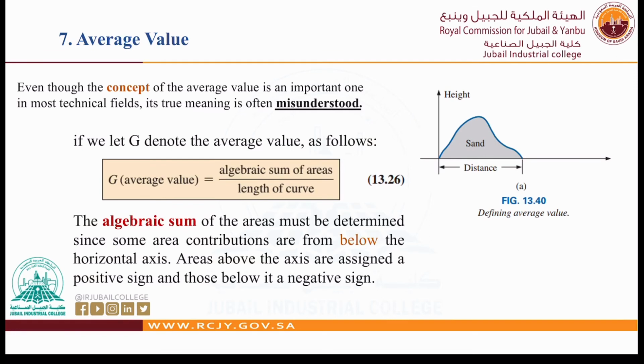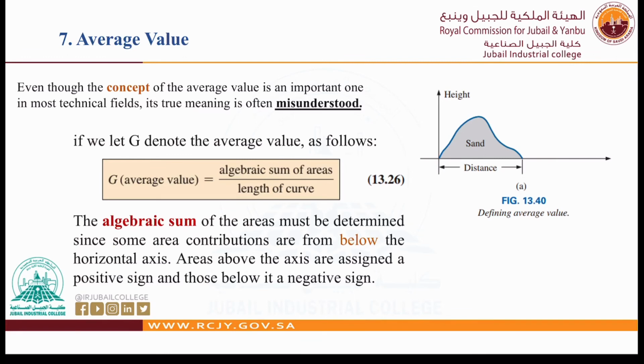If we let G denote the average value, G equals the algebraic sum of areas over the length of the curve. The algebraic sum of the areas must be determined since some areas are below the horizontal axis. So areas above the axis are assigned a positive sign, and those below it a negative sign.